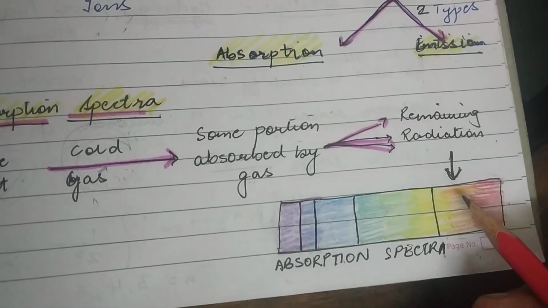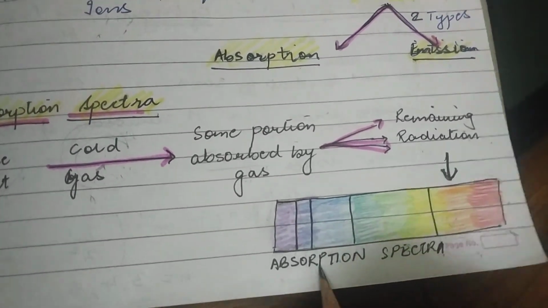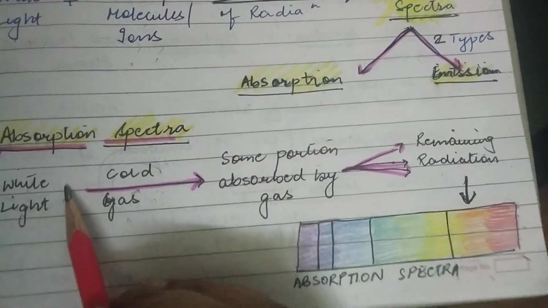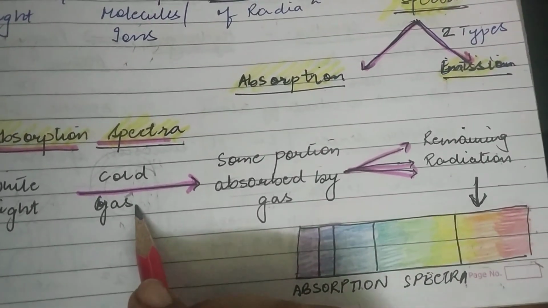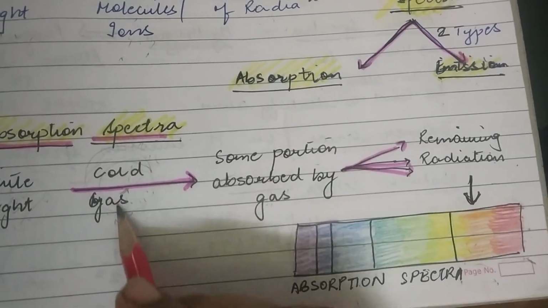Now what is this telling us? What do you understand from this? You basically understand that when this white light, which had 7 wavelengths, was passed through this cold gas, some of the wavelengths were absorbed by the molecules.